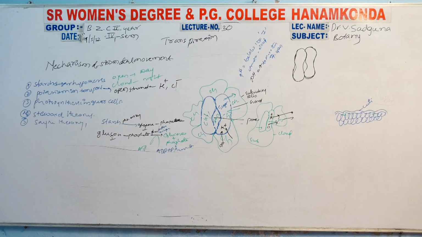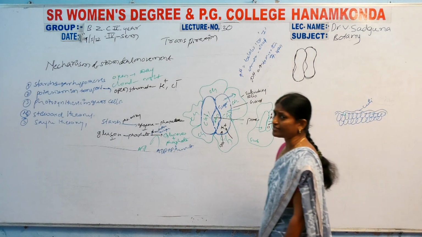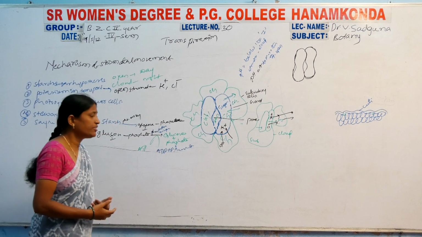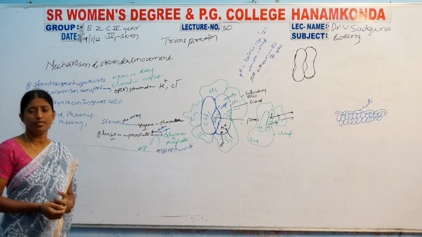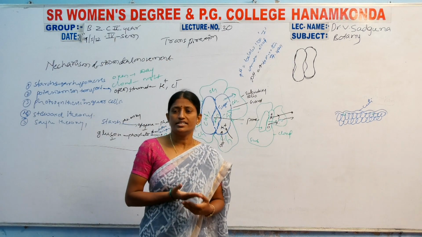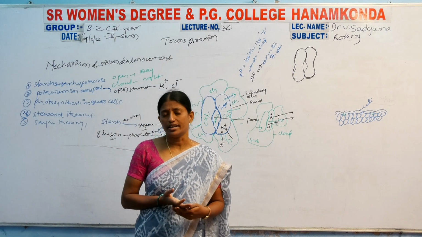Then the stomatal structures are also different. The movement of the stomata is different in monocot as well as dicot stomata. Here the negative potential energy is completely utilized as pressure potential energy, that is mechanical pressure potential energy.